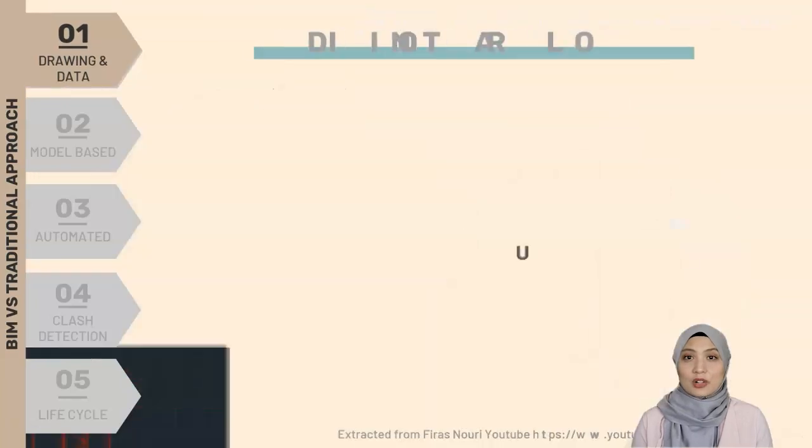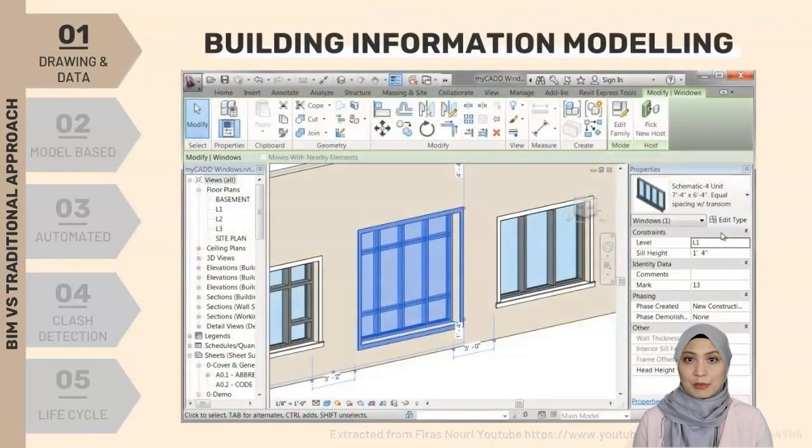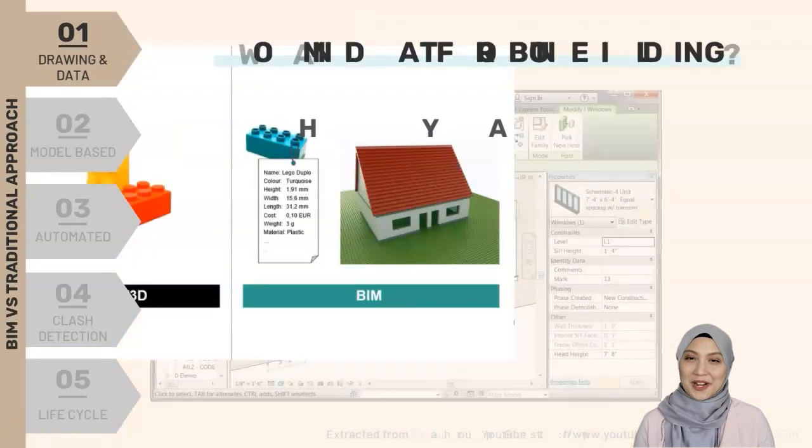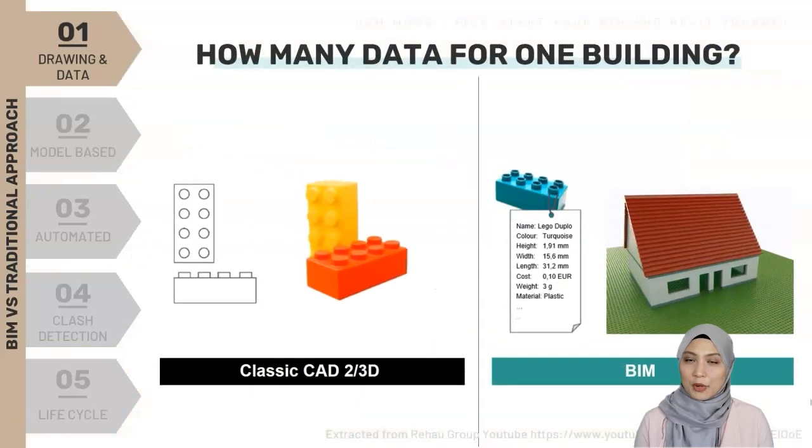In BIM, the component is built as a 3D model, and it is actually a window with sets of information that can be as detailed as materials, manufacturer, model, and phase created. Any changes made to the window will be reflected in other views instantly. Let's take a Lego as an example of how a BIM model is.